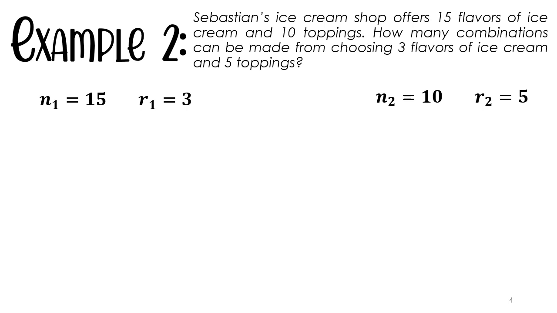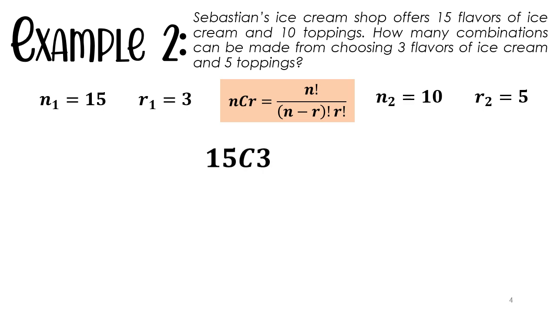Now, how can we use the formula for combination? Just like what we did in fundamental counting principle, we just have to multiply each number of possible outcomes for each category. So let's get 15C3 times 10C5.